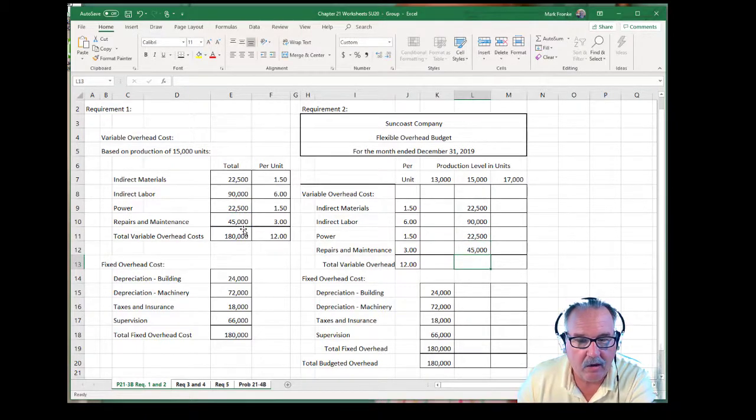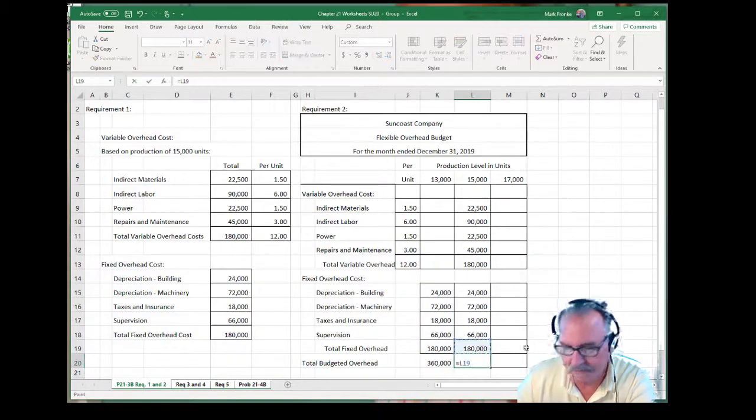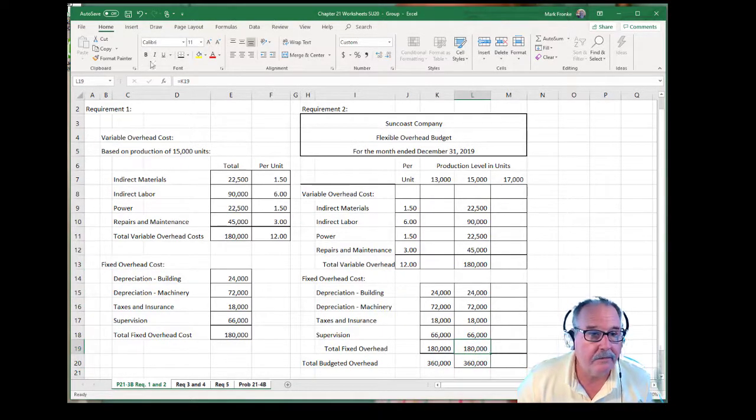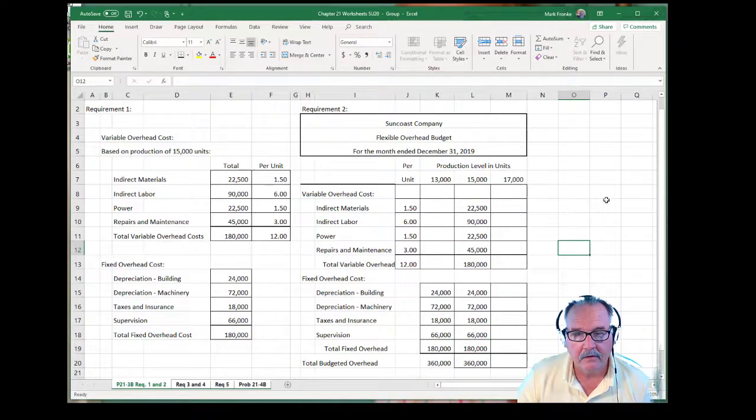But now we need to scale it back. Okay, so there's our 15,000.